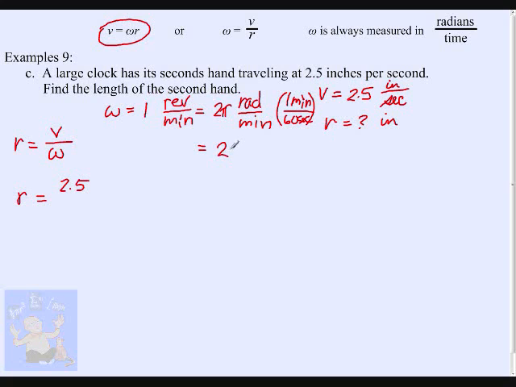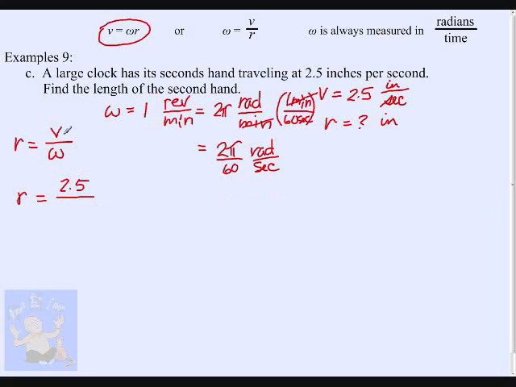So it'll be 2 pi divided by 60, and the minutes will cross out, and I'll have radians per second. Now I've got the right units, seconds for linear and seconds for angular, so I can proceed with my calculations.